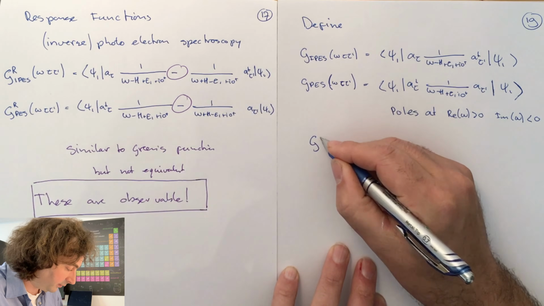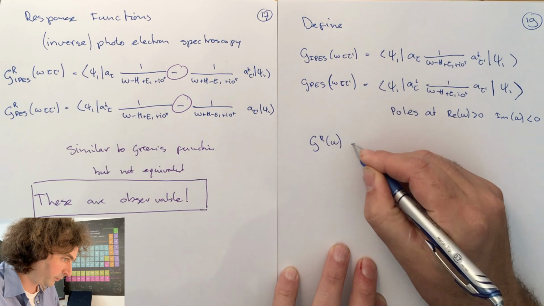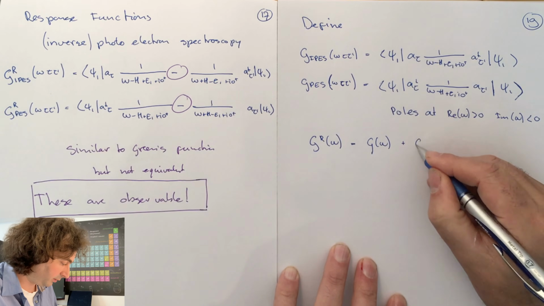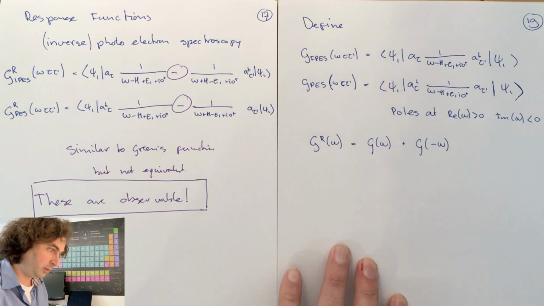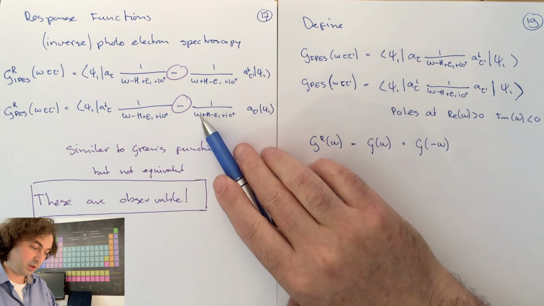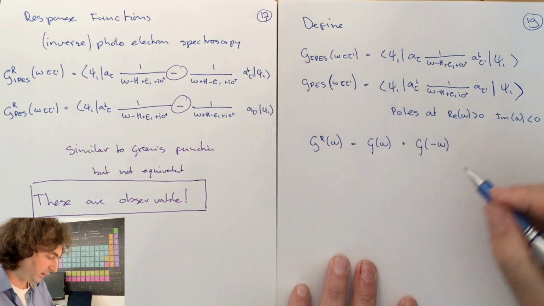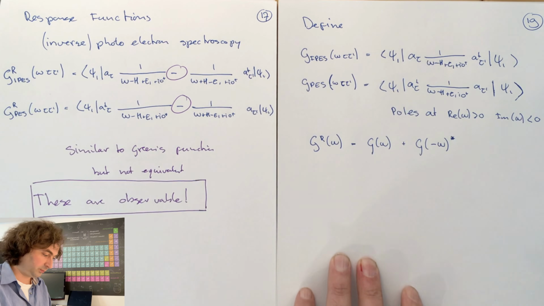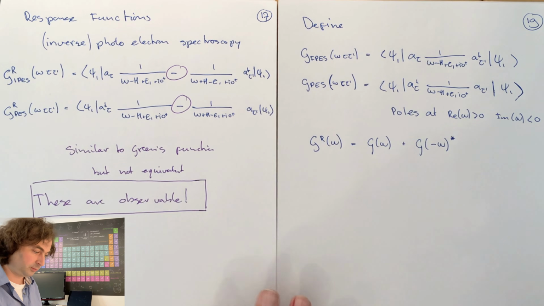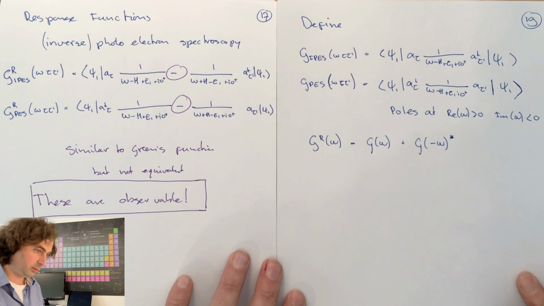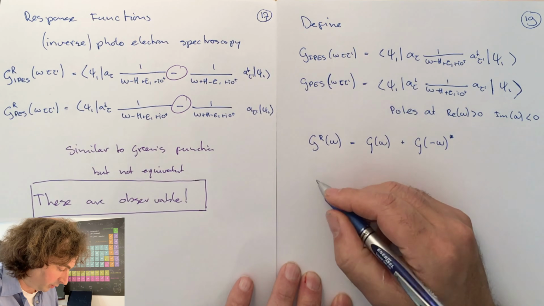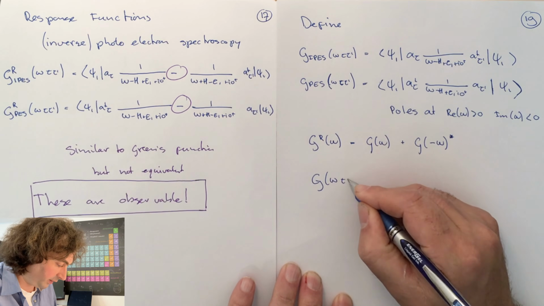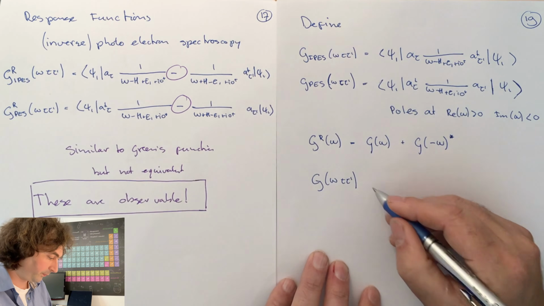Now, we can get the true response function from the one that we defined here, when we take the one we defined here, plus the one where we exchange omega to minus omega, and then we have to take the complex conjugate as well. Now we can also define the Green's function as we defined it before.